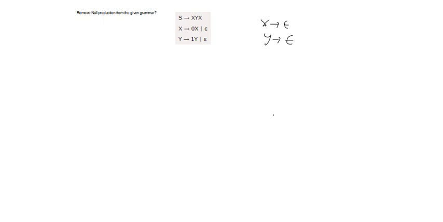But whenever you are eliminating null production, it should not affect the entire production of the grammar. Means before eliminating null production, whatever strings you are obtaining, the same strings you should obtain after eliminating the null production also. So to eliminate null production from the grammar, we should identify the null producers.